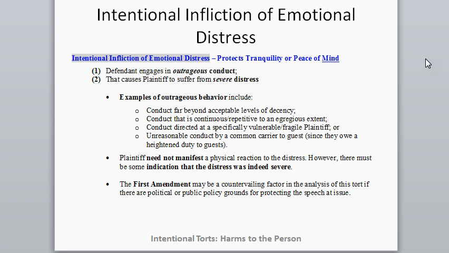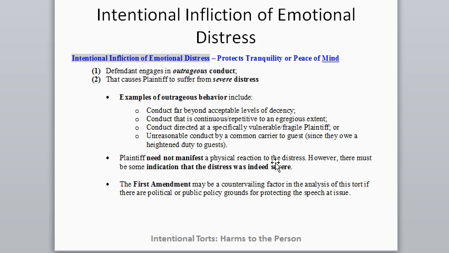The plaintiff doesn't have to manifest a physical reaction. So the plaintiff doesn't have to say, I got a panic attack, or I had hives on my face. But there has to be some indication that the distress was severe. Even if they just say, I was so scared, it made me breathe heavy, I couldn't concentrate on my work, something like that.